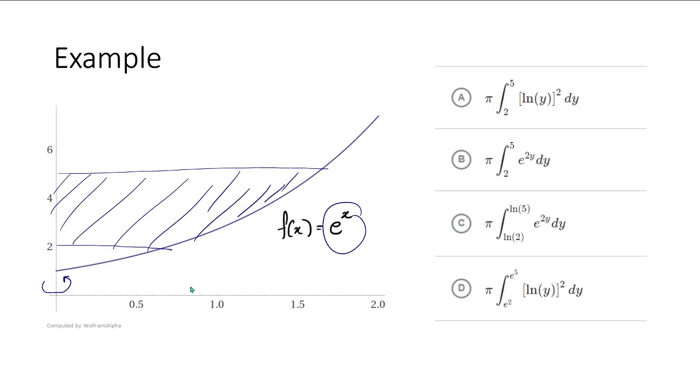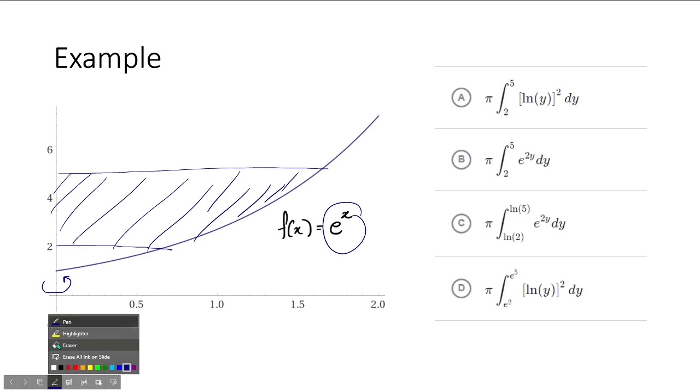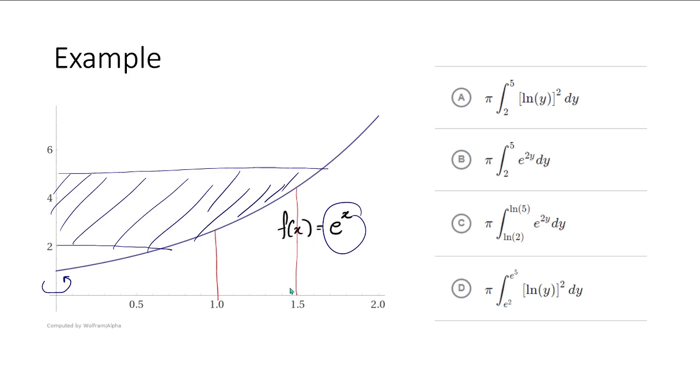Okay, well, now this is kind of tricky, because from before, if it's, let's say, from 1 to 1.5, for example, in here, this is easy. You can just take this formula right here, from 1 to 1.5.